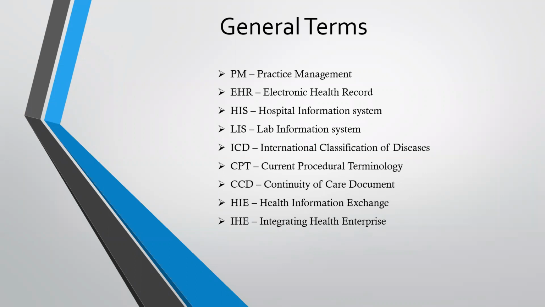Once the patient is in the hospital, the various data sections that are captured can be represented in a CCD. We'll take a look at an example CCD down the line. To operate CCDs, we would need entities called HIE, which is Health Information Exchange, and IHE. We'll talk more about these three aspects during our last sessions. But mainly, these are the terms that we'll be using in the initial phase of the sessions.